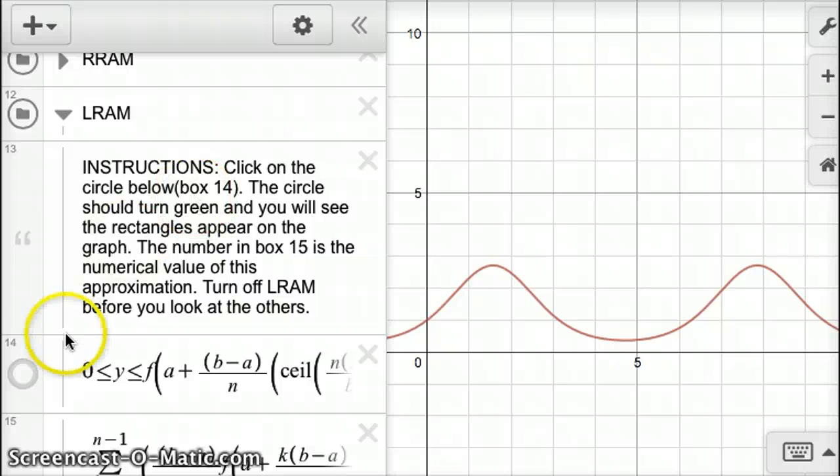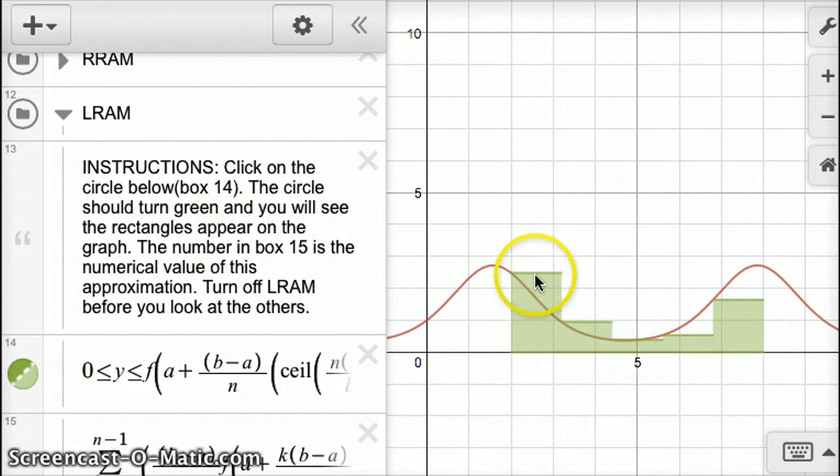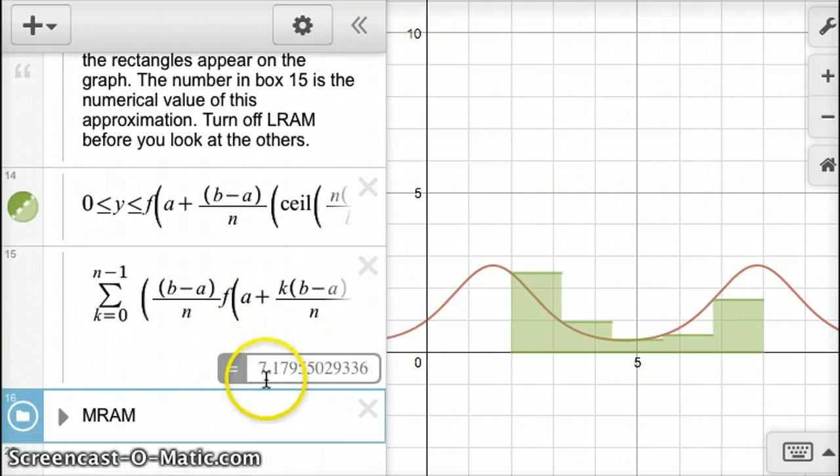First, I click on this circle, and doing so, the green rectangles appear, and I can just double check that there are 5 of them. And they are left-hand approximations because the left edge touches the curve. And then it tells me the numerical value of this approximation right here at the bottom, 7.179.